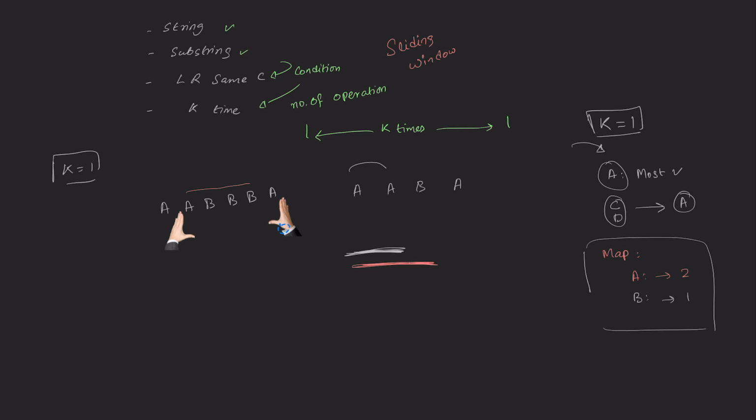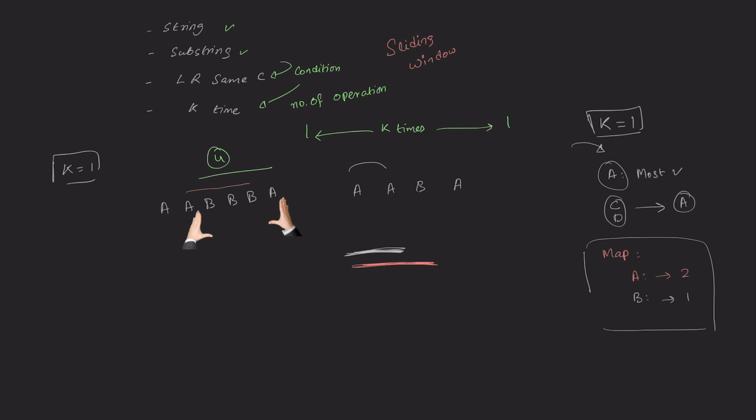We can't replace 2 characters, so we'll move the left pointer further. So either we consider that option, or like ABBB or BBBA. In both cases, they're generating the result that the substring size should be 4. That's how we will use a sliding window with the help of a map.